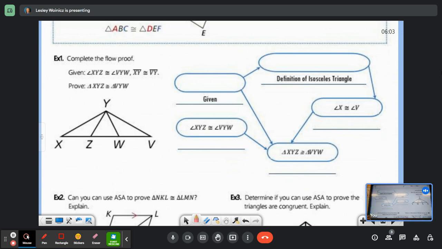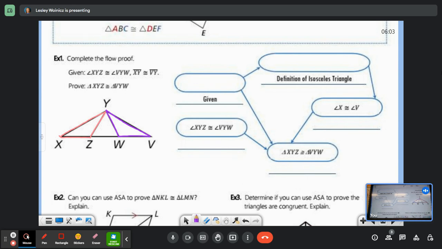So here we have a flow proof to complete. We want to prove that triangle XYZ, that's this one, is congruent to triangle VYW. Oh, VYW, excuse me. Let me flip the letters around.